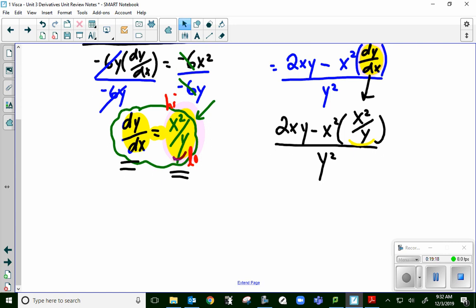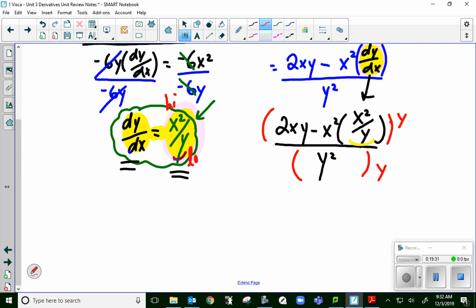So in order to get rid of this y, I'm going to multiply the whole top by y. What I do to the top, I must do to the bottom. So this y is going to distribute into this whole first term, and into this term as well. Let me write that another way, which might be easier to see.